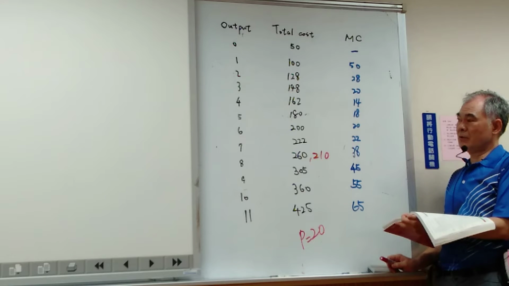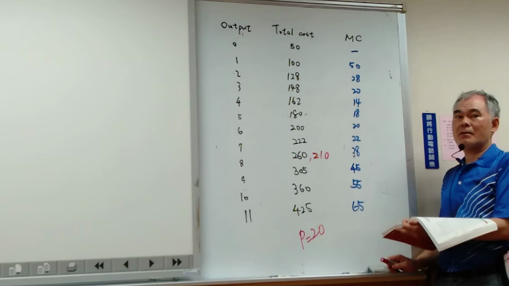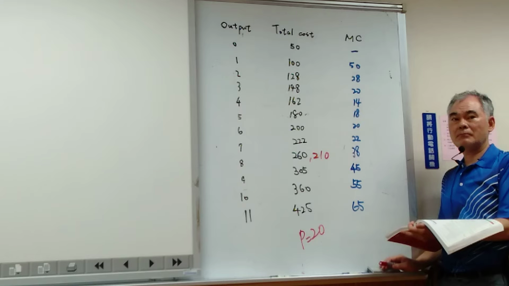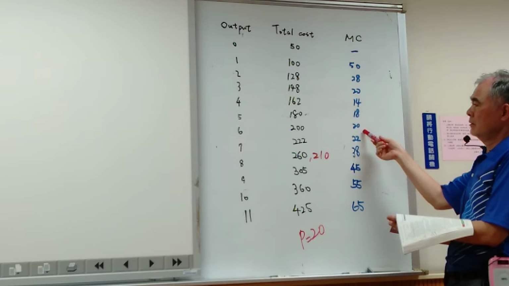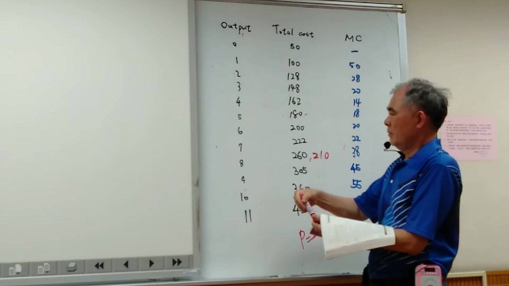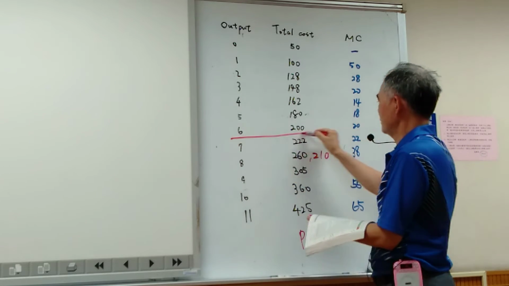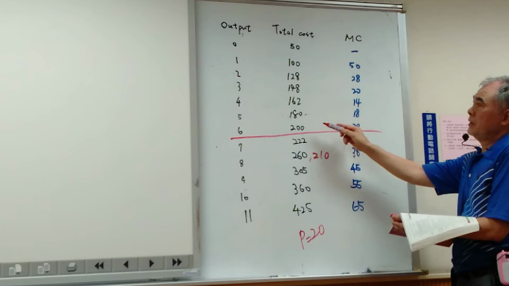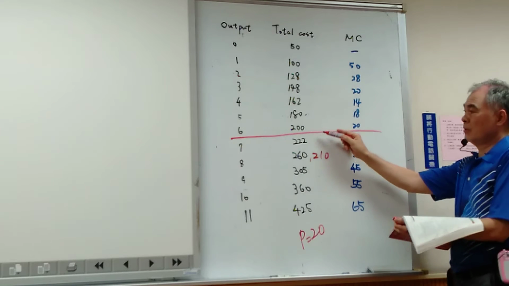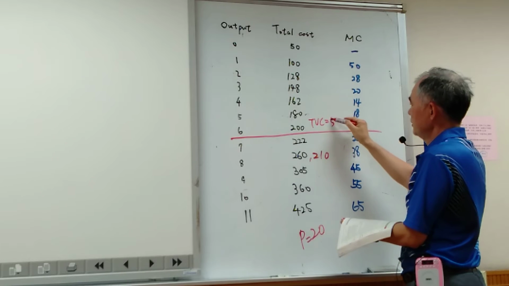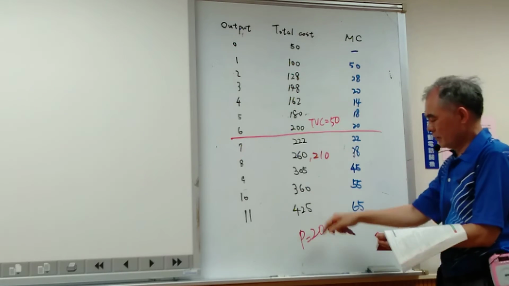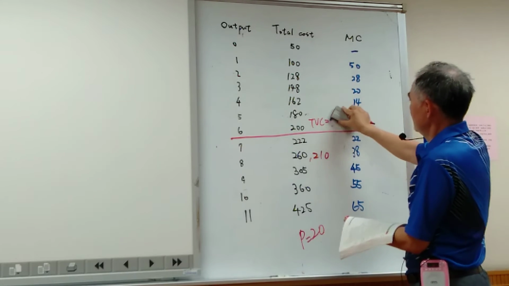What should be the production level? Here is 20, right? But let's try to figure out what's going on. Because total cost is 200, total variable cost is equal to 150. Sorry, 150.